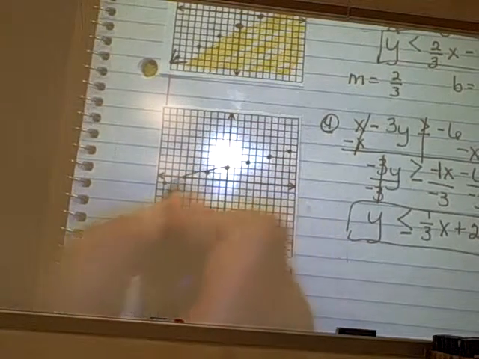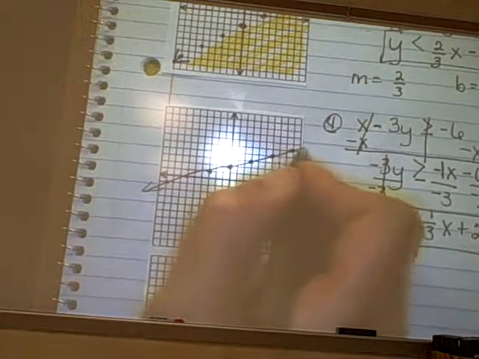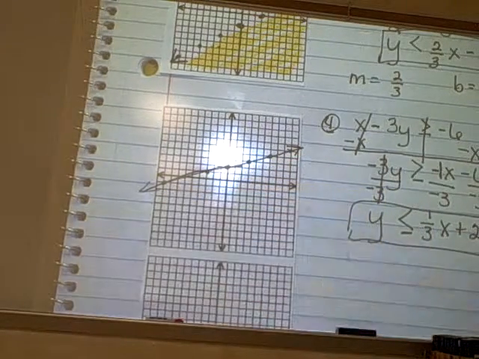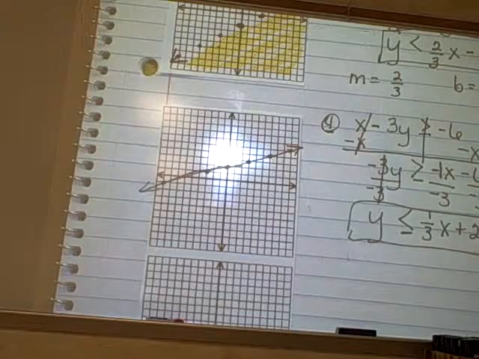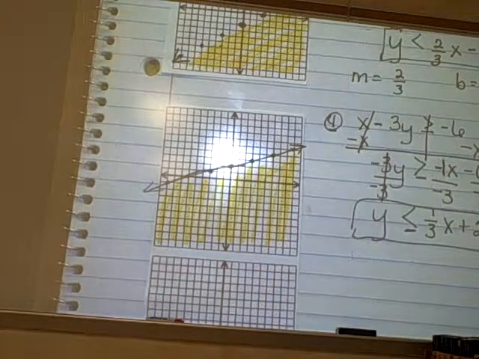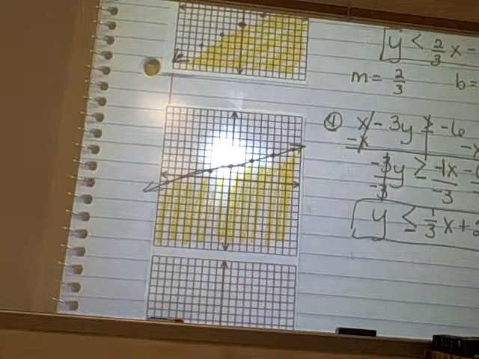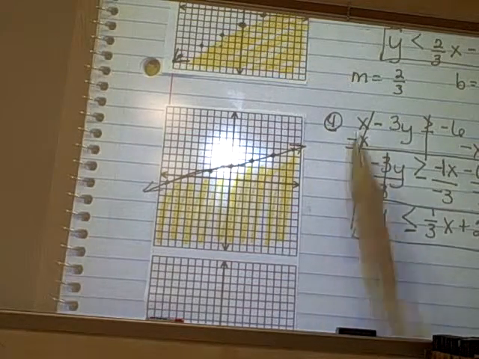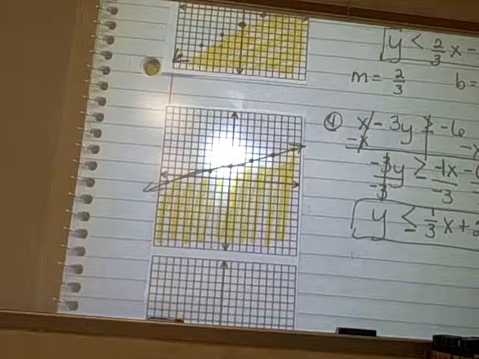So it's solid line, so it looks like this. And you're going to shade below. So this means any point in the yellow or on the line can plug in and work.